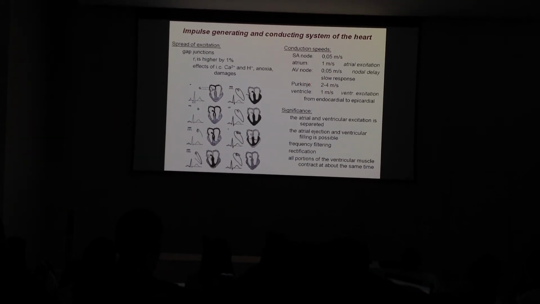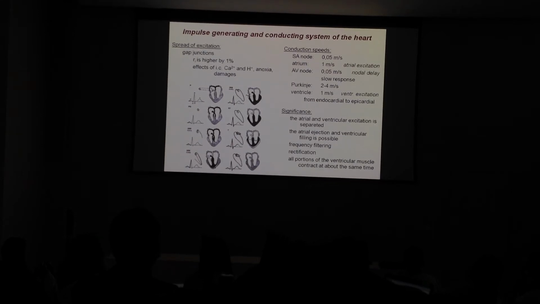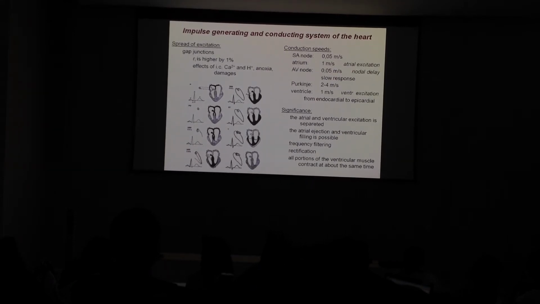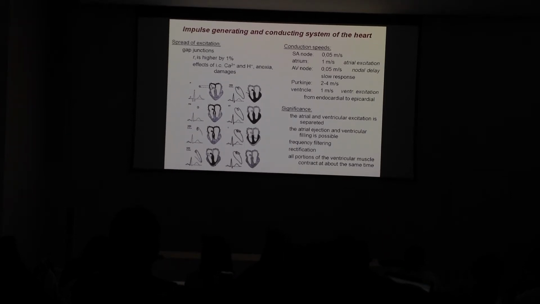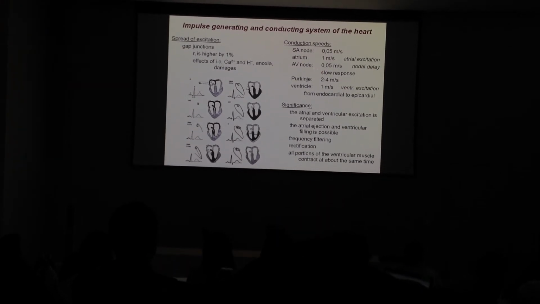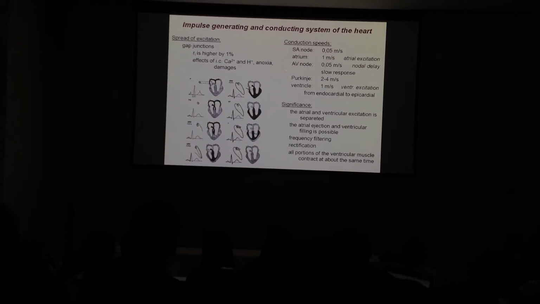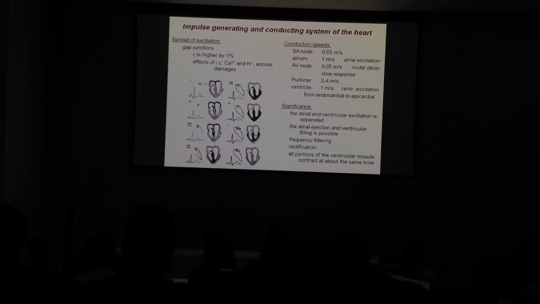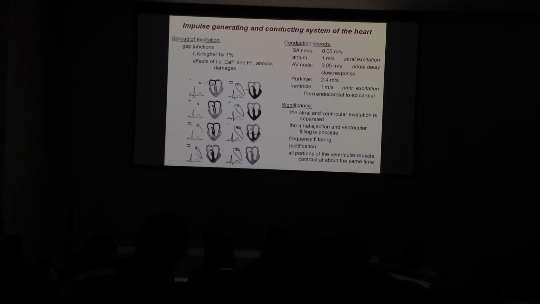It's very important that the propagation speed in the AV node is very slow. We said that these are pacemaker cells, slow responses, with long-lasting refractory periods. Therefore, this is a nodal delay. It means that the very quickly arriving action potentials will slow down before they start to depolarize the ventricle.